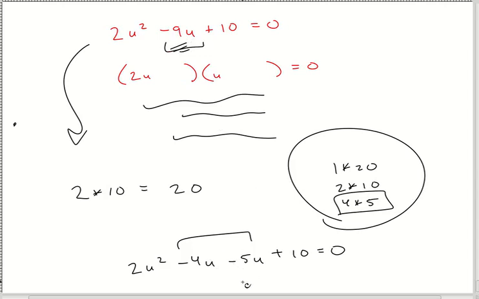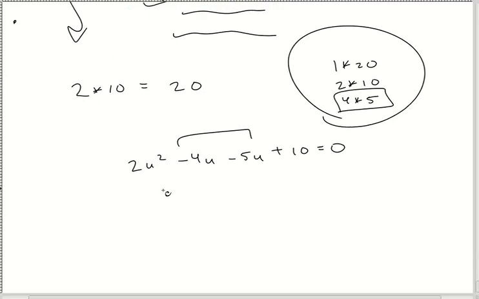This is a 9. Combine like terms, you get the same thing, right? Not doing anything wrong here. But I did this on purpose so that I have factor by grouping. If I had the 5 on this side and the 4 over there, it would still work out. It would just be a little bit more ugly for a second. Thankfully here with the 4 and the 5 in the correct spot, it makes it look really pretty.